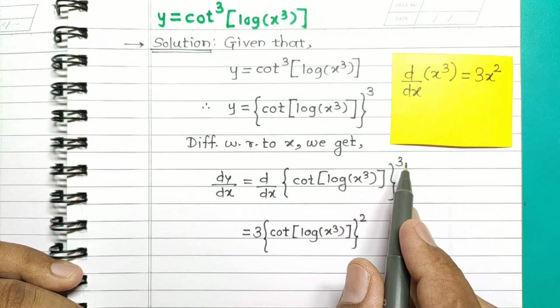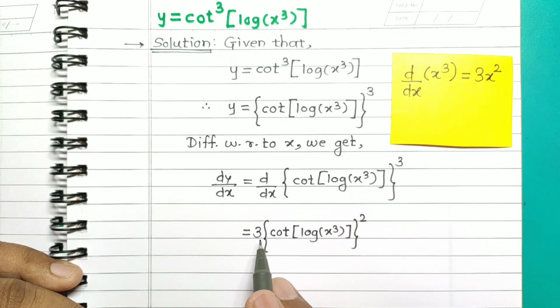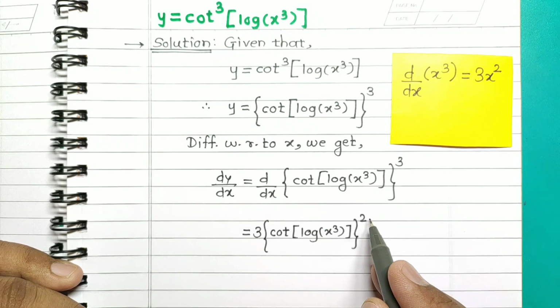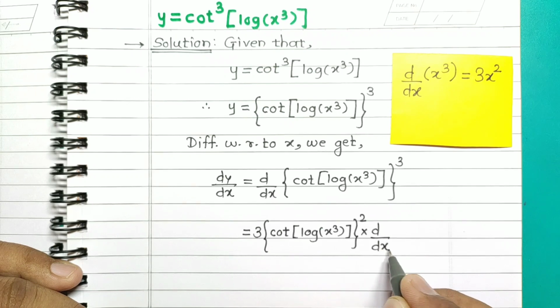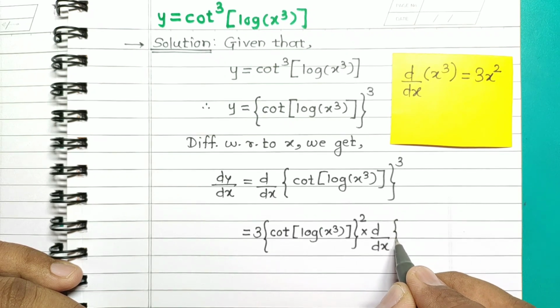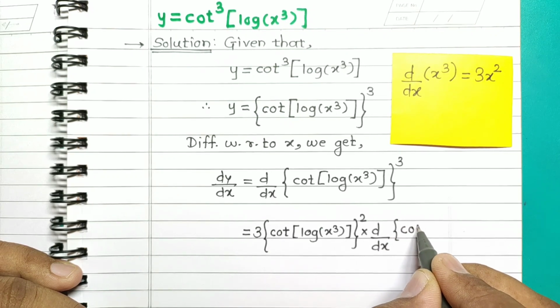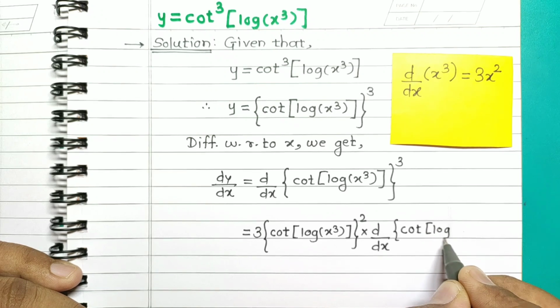Something cube derivative will be 3 into something square. Now by chain rule you multiply it by derivative of that something function which is cot of log of x cube.